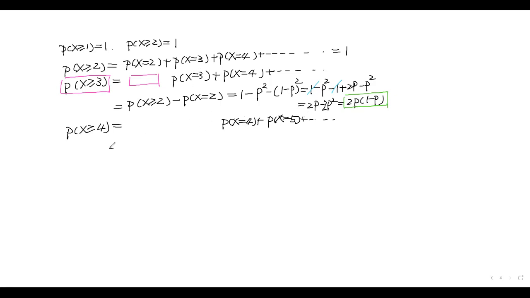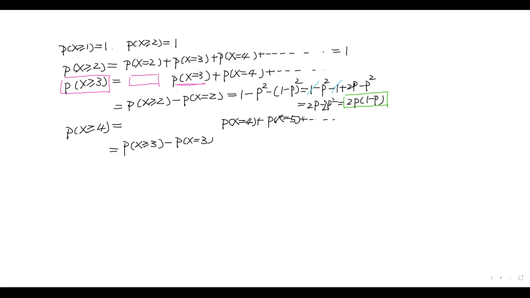So I can rewrite x greater than or equal to 4 as the probability x greater than or equal to 3 minus the probability x equal to 3. You add all these together and just get rid of this term. So we just calculated greater than or equal to 3.